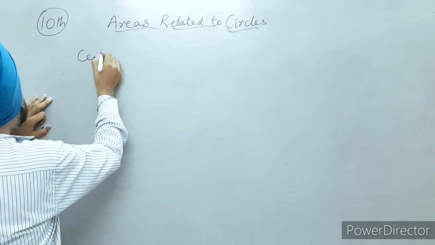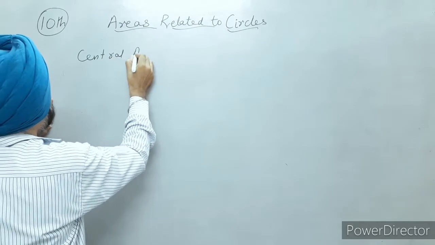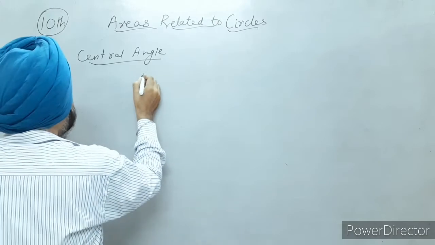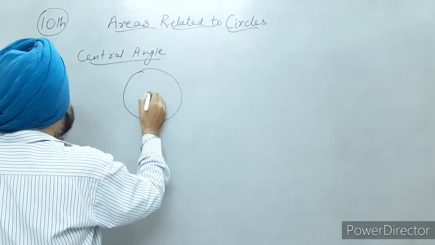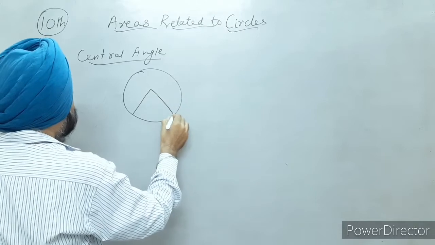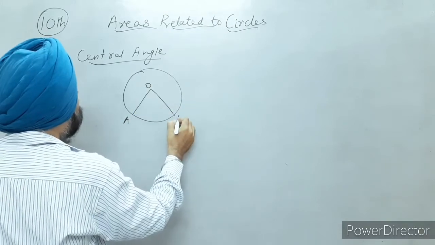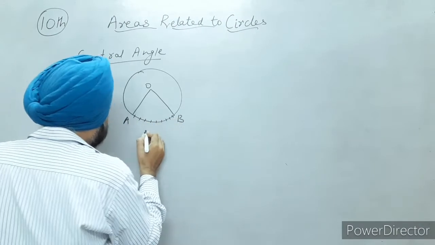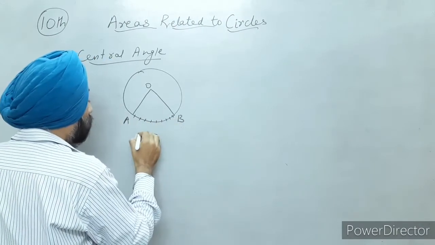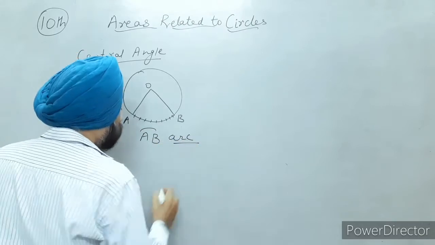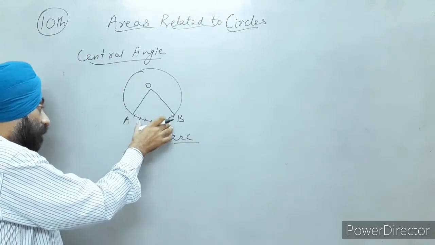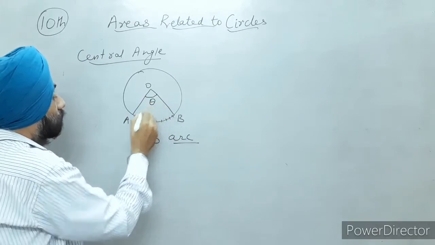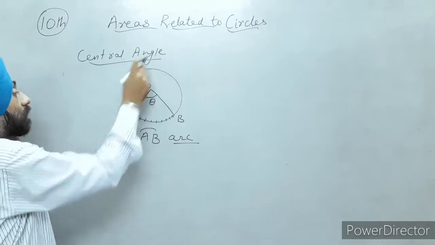One term will be there, that is the central angle. It will be used in this chapter. Central angle is nothing but, look here, this is say A, O, B. This is the arc. AB is the arc, right? The angle which this arc AB subtends at the center is called the central angle.